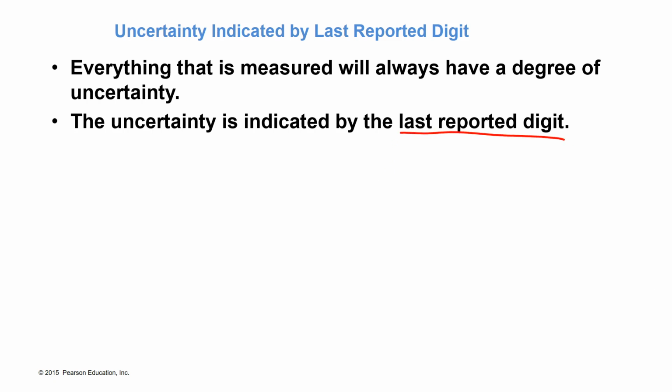So if I take a measurement on my scale back there and I say that it weighs 5.312 grams, the number that's going to be uncertain is that 2. In reality, that could be a 3, it could be a 1, it could be a 0. The programming of that scale is just giving me the best number it can.